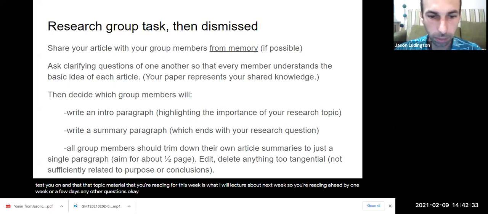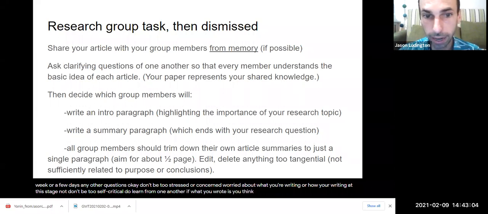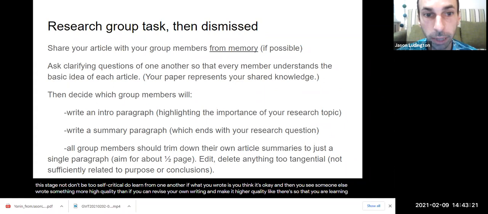Okay. Don't be too stressed or concerned or worried about what you're writing or how you're writing at this stage. Don't be too self-critical, but do learn from one another. If what you wrote is okay, and then you see someone else wrote something more high quality, then if you can, revise your own writing and make it higher quality like theirs, so that you are learning from each other.